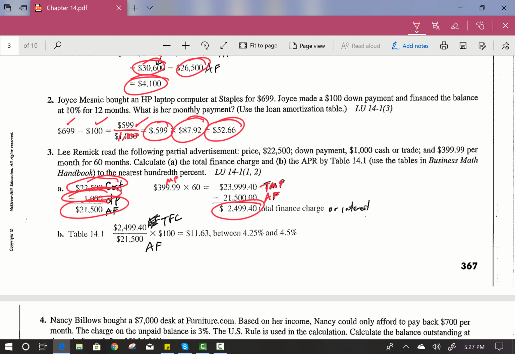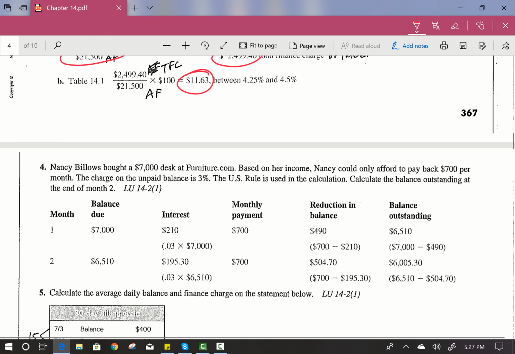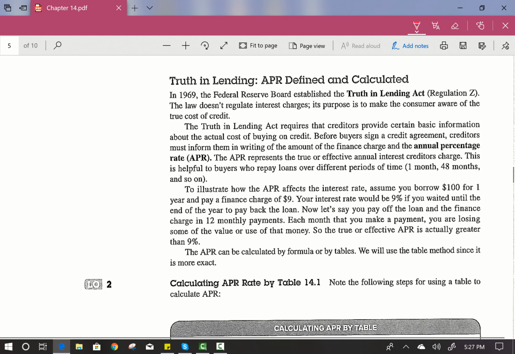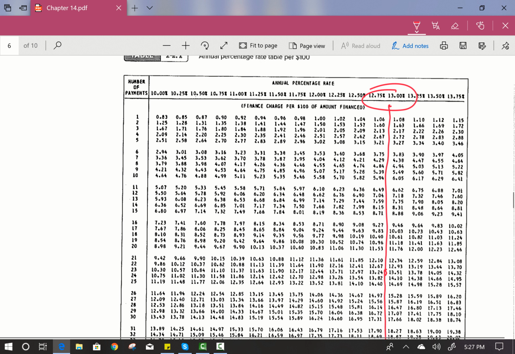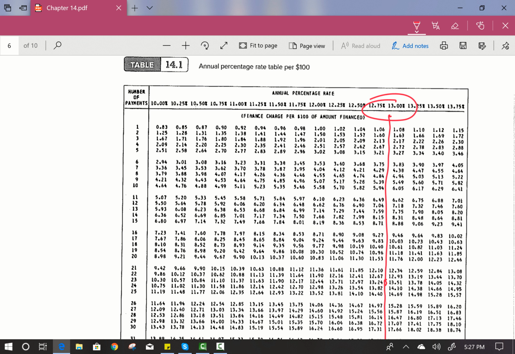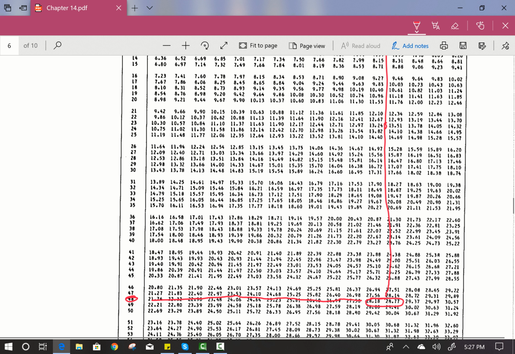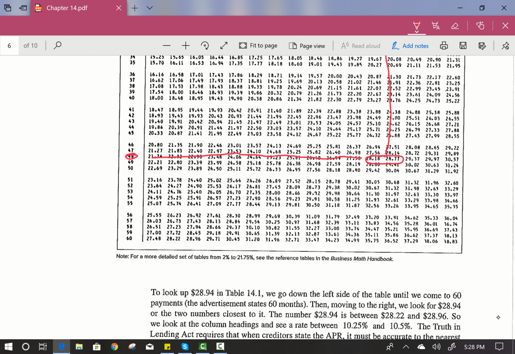Okay, then, according to the APR table, I'm going to take $2,499.40 and divide that by the amount financed of $21,500 and multiply that result times 100 because our table value is based upon $100 to give us the APR lookup number of 11.63. Okay, it's for 60 months and 11.63.